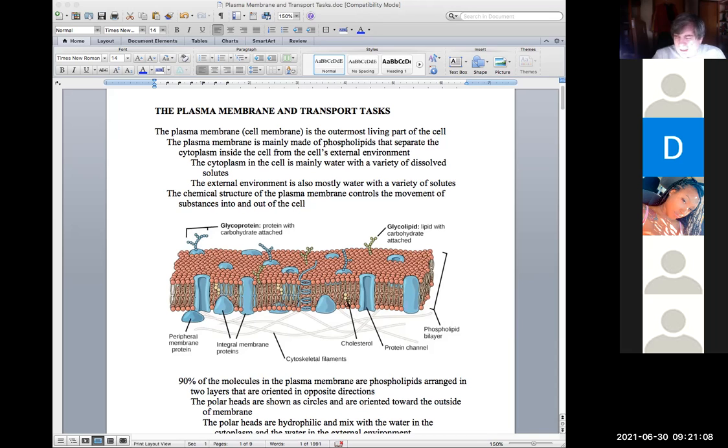And when we look at cholesterol, it's so strongly nonpolar, it doesn't move around very much. So when we see a cholesterol molecule, it kind of anchors all the phospholipid molecules around it in one spot so that they don't really move very much. So we mostly hear about cholesterol being a bad thing because if you have too much cholesterol, it can lead to heart disease and some other problems.